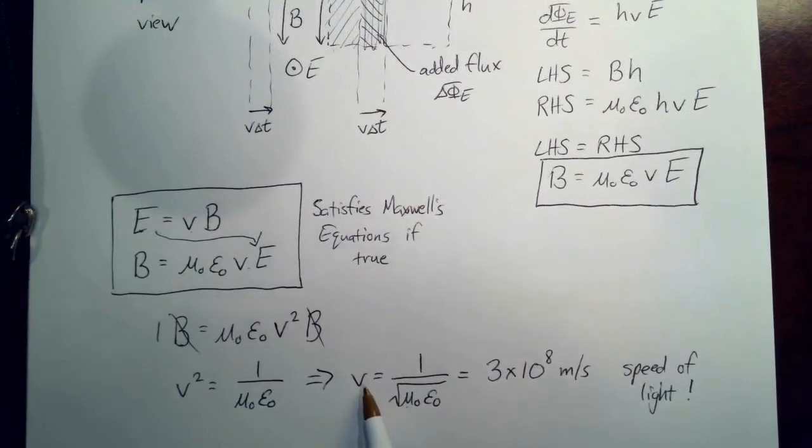And I mentioned earlier that they didn't have the ability to really test the modification he made to the Ampere law to give us the Ampere-Maxwell law. But with that modification, he was able to do this. And this was extremely convincing evidence that he may have been on the right track. He was able to predict the speed of light based on fundamental principles.